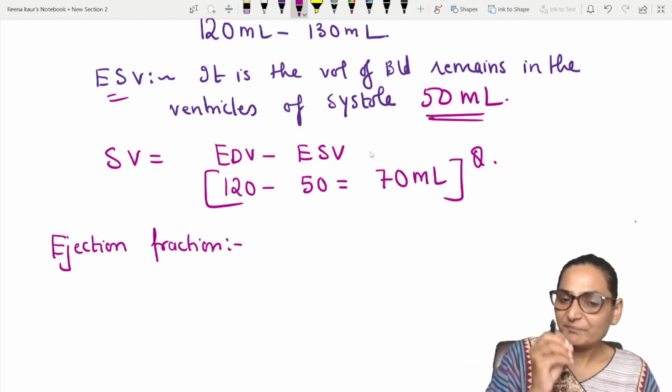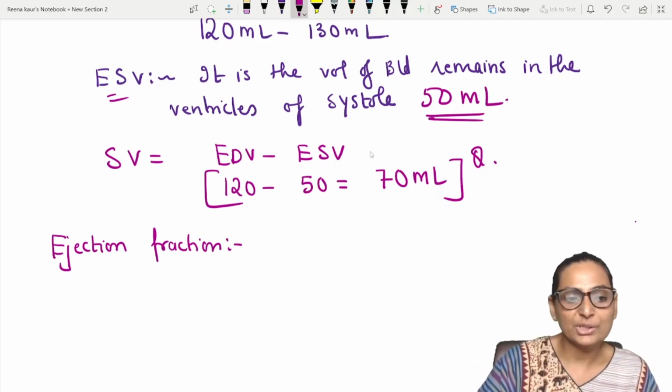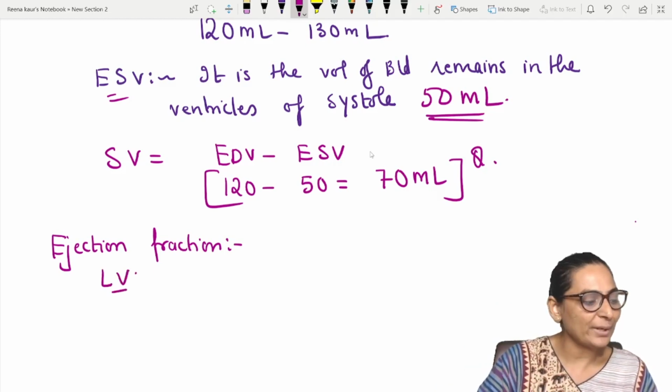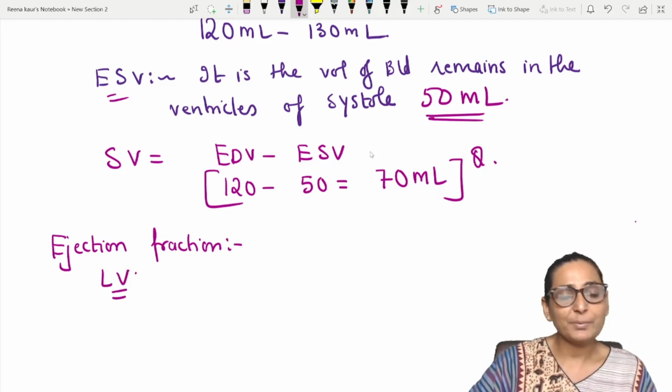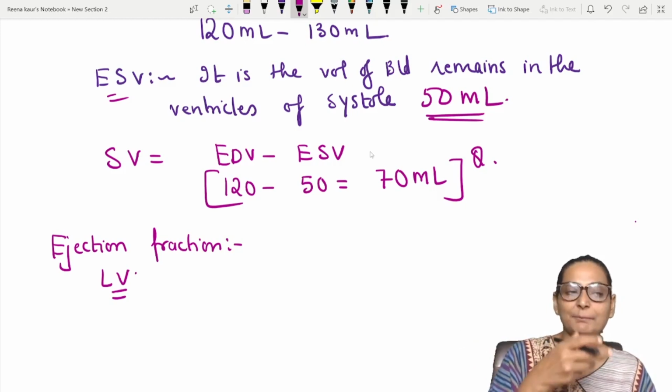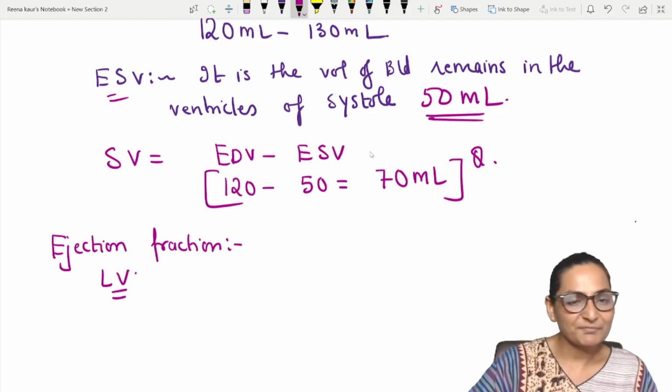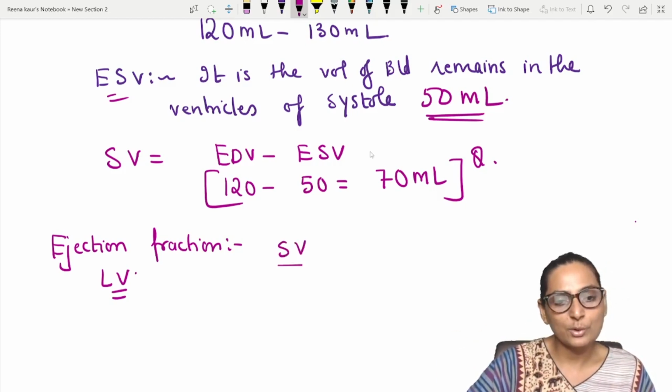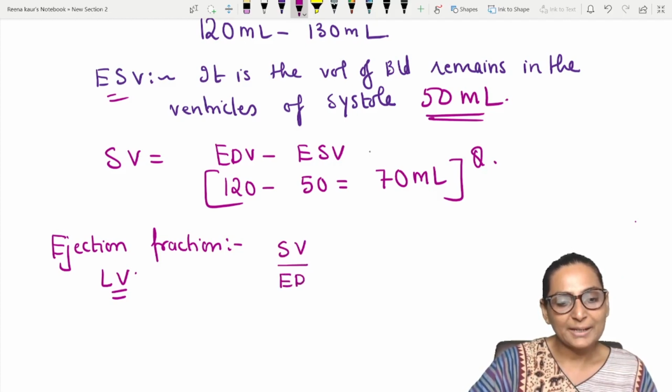When we speak of ejection fraction, we are usually considering the left ventricle. Why left ventricle? Because it is the left ventricle which is giving the blood to the periphery, to the body. So this ejection fraction is nothing, it is stroke volume divided by end diastolic volume into 100.